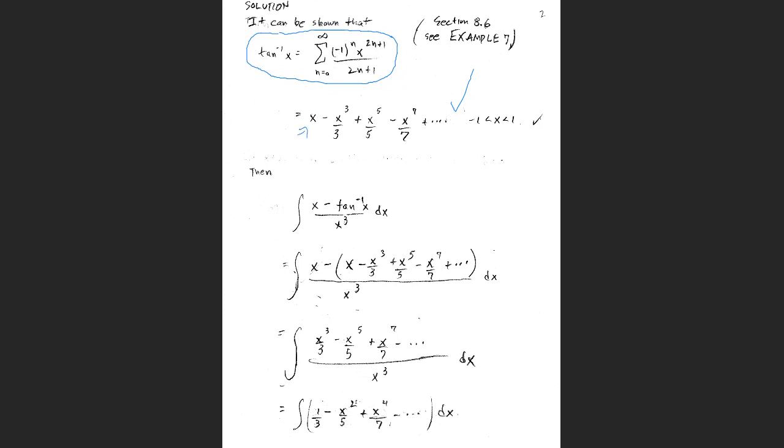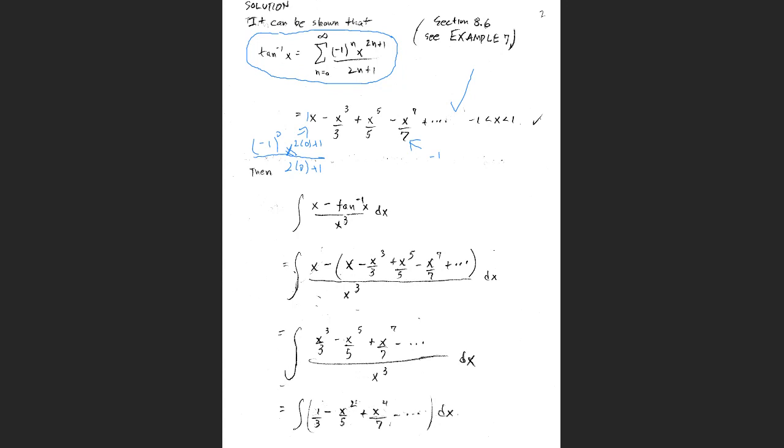How do I get that 1x, right? That's -1 to the 0th power times x to the 2 times 0 plus 1 power, all divided by 2 times 0 plus 1. That gets you 1x.